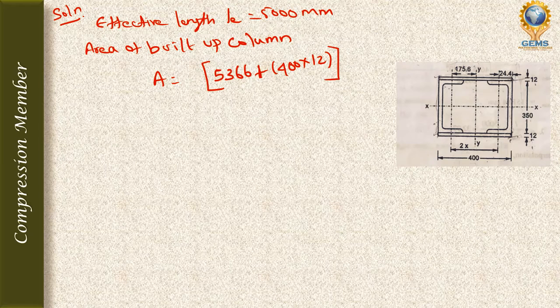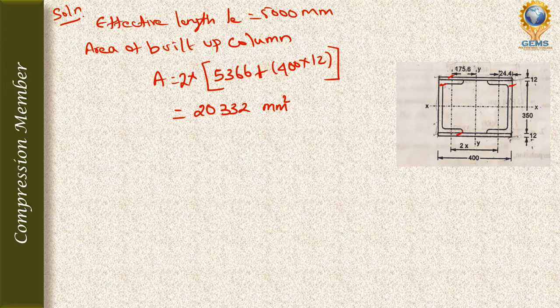This is for one channel and one plate. We have two channels and two plates, so we have to multiply by 2. So here the area will come as 20332 mm square, because we have two channel sections and two plates.